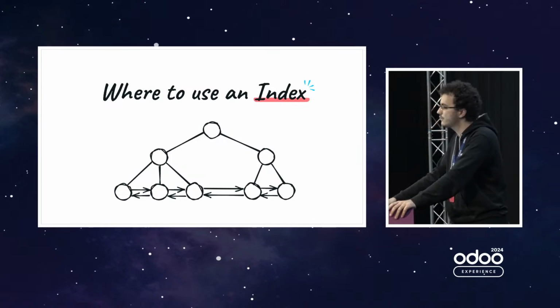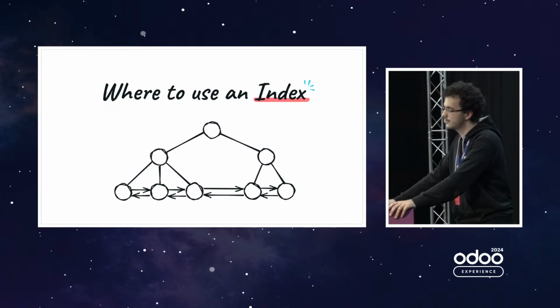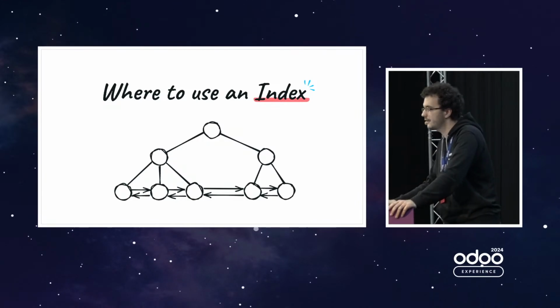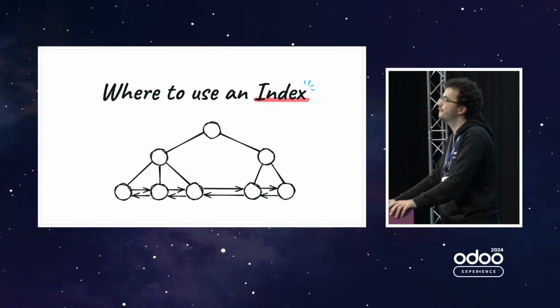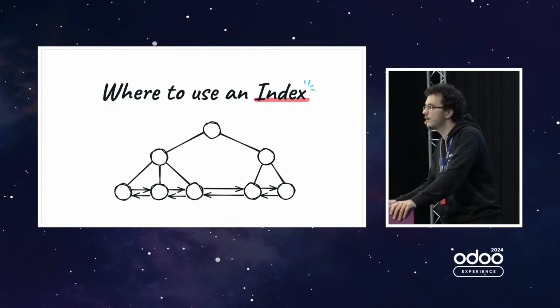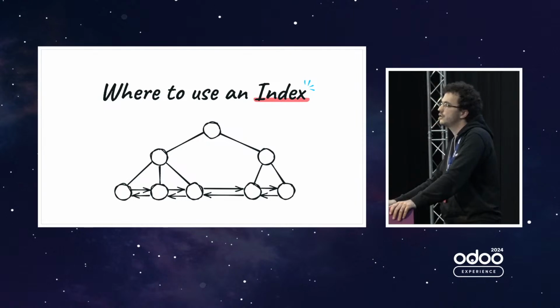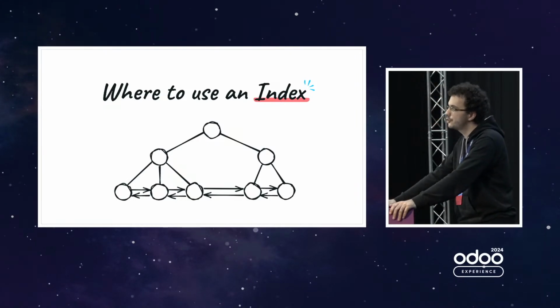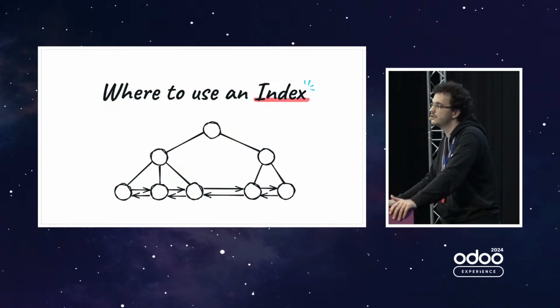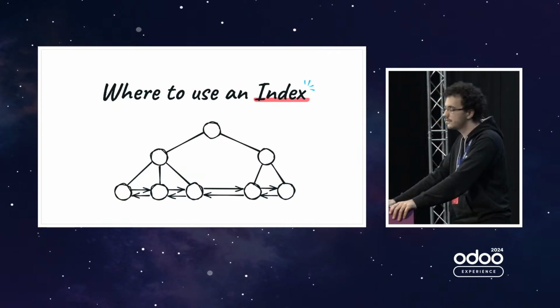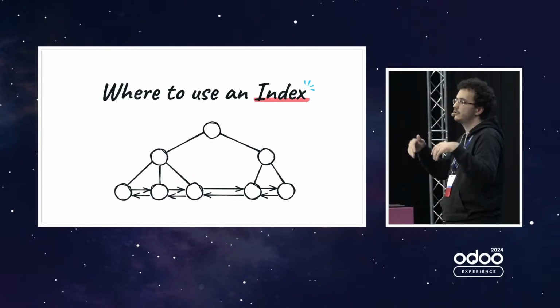Also, a less obvious place to put an index is when you have a transitive dependency. So if you have, for example, a field that depends on, let's say, a foreign key dot name of another model. When the ORM creates the dependency tree, to establish whether I need to recompute a field or not, it creates a tree, like the inverse tree.